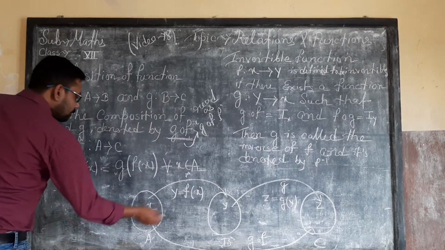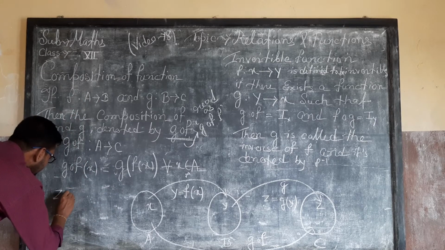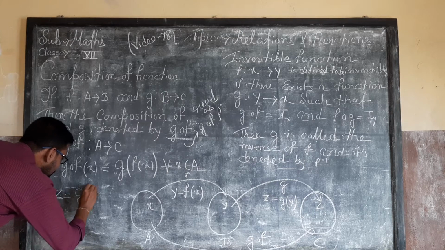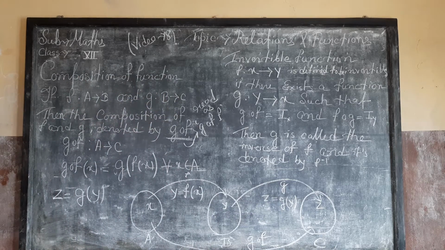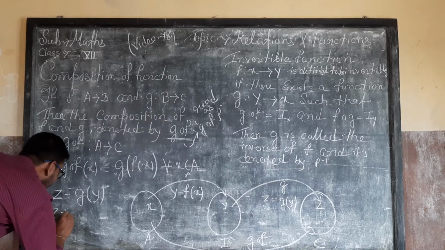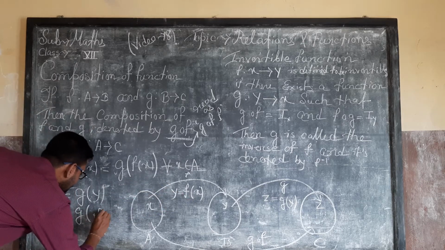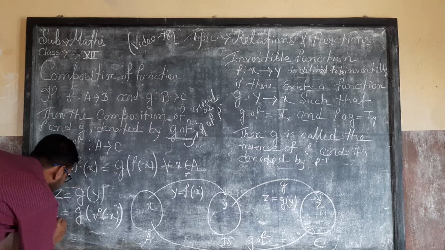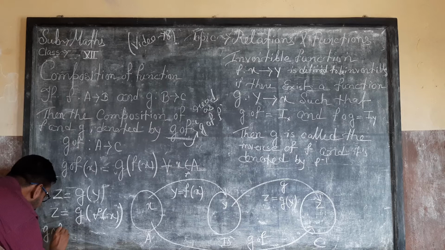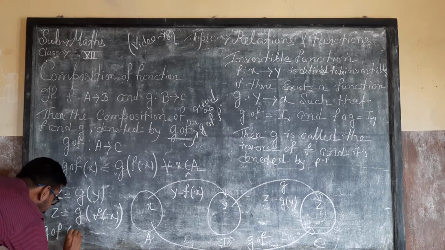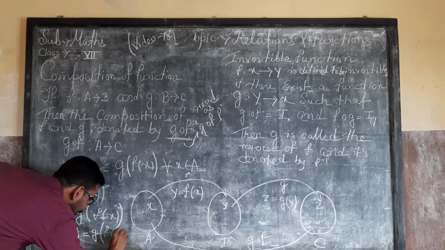So z is equal to g(y). This is the given relation, and from this we can write z equals g of what value of y? y = f(x). So z = g(f(x)) is nothing but the relation of g∘f.